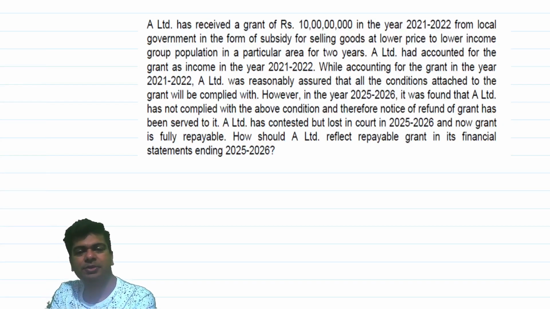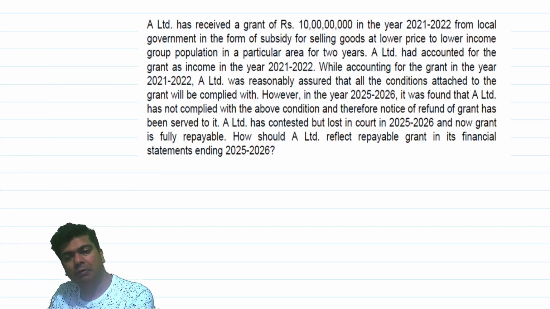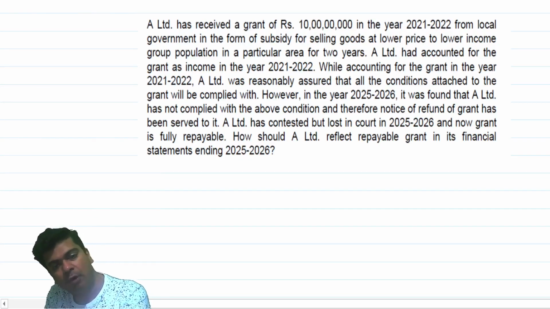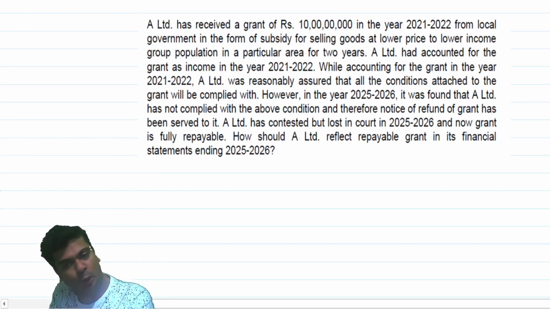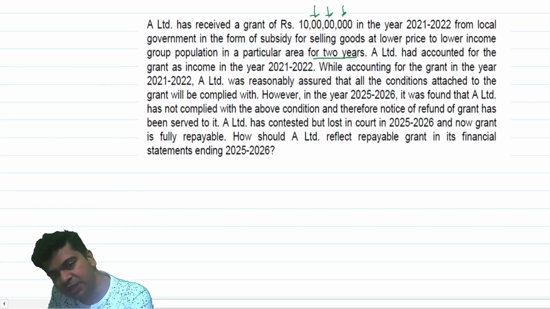A Limited has received a grant of rupees 10 crores in the year 2021-22 from local government in the form of subsidy for selling goods at a lower price to lower income group population in a particular area for 2 years. We are getting a grant of rupees 10 crores.